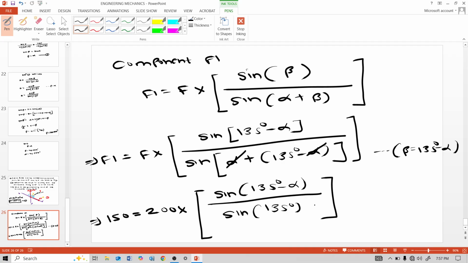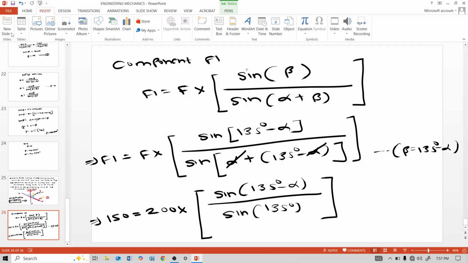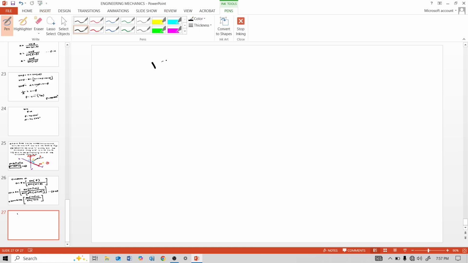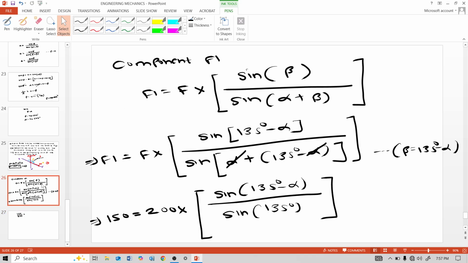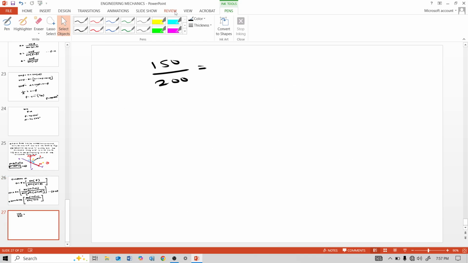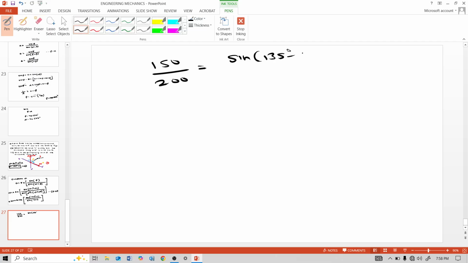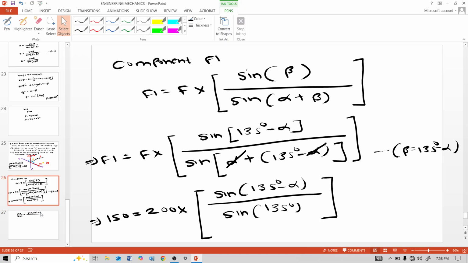So mathematically, 150 upon 200 is equal to sine of 135 degree minus alpha upon sine of 135 degree.